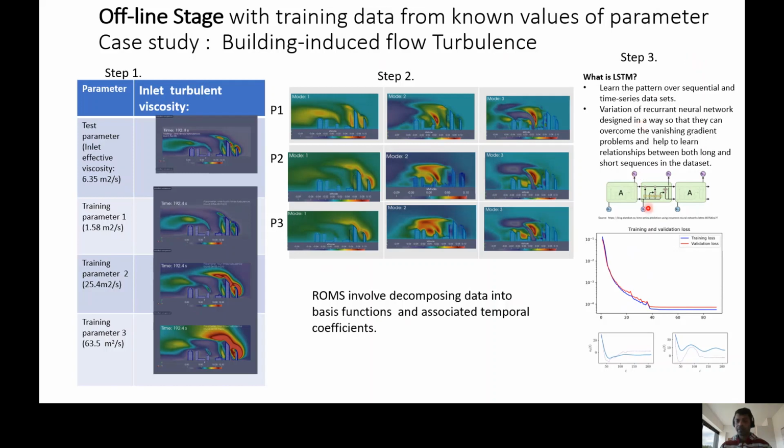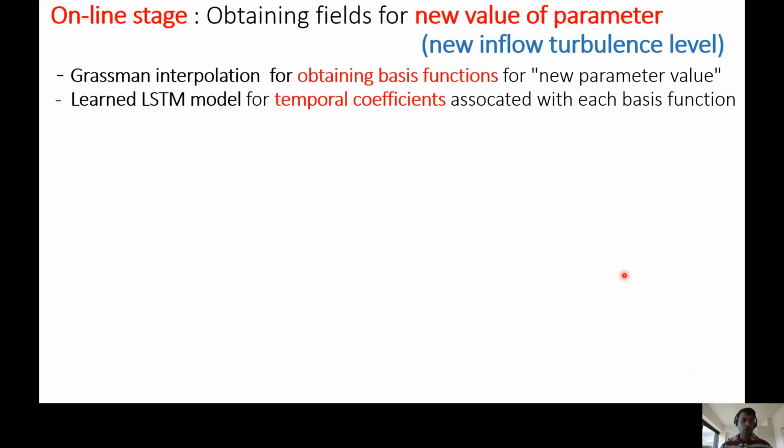So this LSTM helps us to learn the temporal coefficients. Now from the known values of parameter, we know the basis functions, the temporal coefficients and the LSTM trained model.